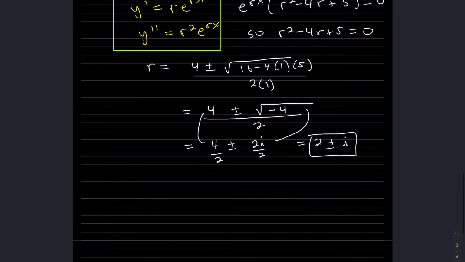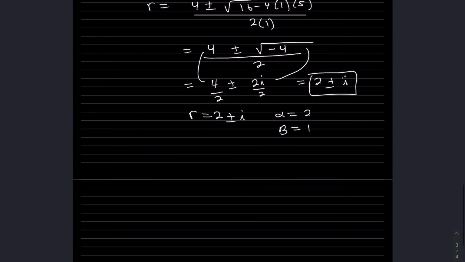Okay, so what we have here, alpha is equal to 2, beta is equal to 1. You really want to just memorize the formula. You could always use de Moivre's theorem to crank it out. It's not hard math, really, and it's kind of fun. But I prefer just the complex formula.